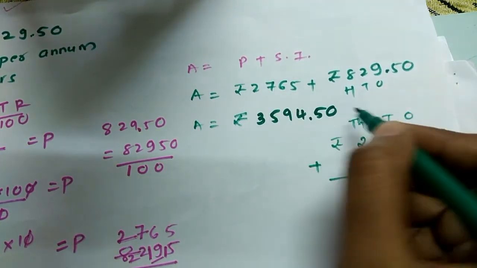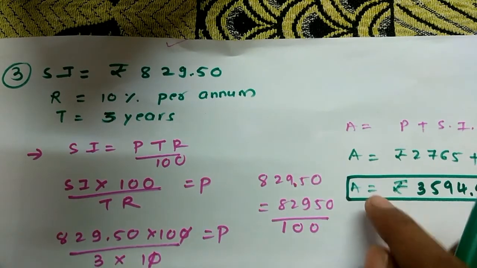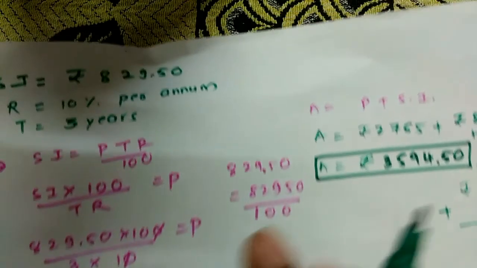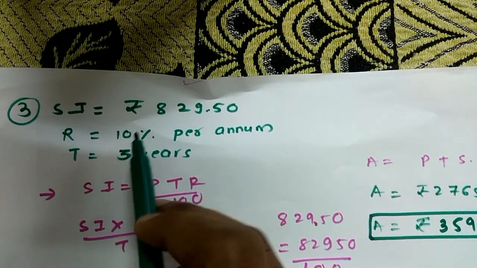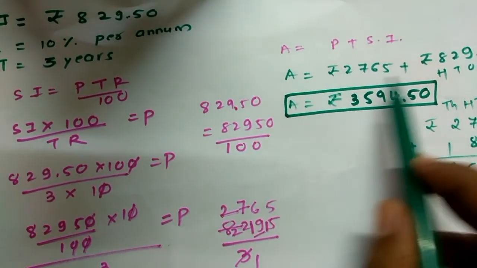Read this as 50 paise. This is the amount you will get if we keep the principal amount, that is the money 2765, in the bank for 3 years at the rate of 10%. You will get this extra money for this principal, that is the total amount.